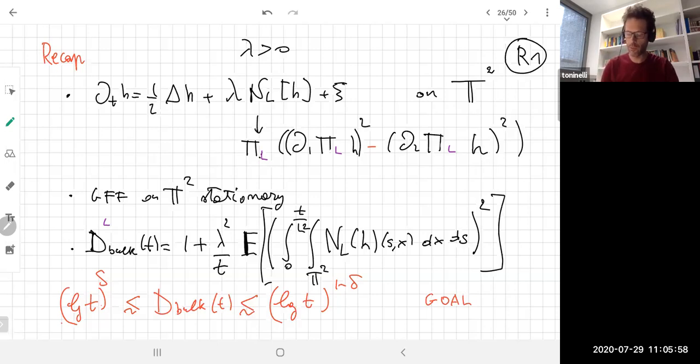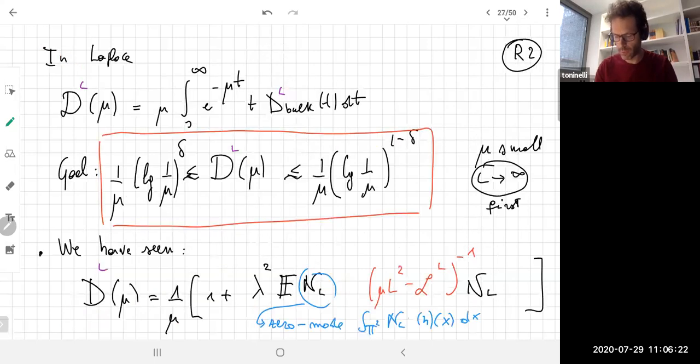Okay, so getting from our definition to here is just trivial manipulations. There is nothing serious. So the goal in principle, and here I put some quotes, is to prove that this diffusion coefficient diverges in time like log t to some power. And as I already said, in practice, we prove this in the sense of Laplace transform.